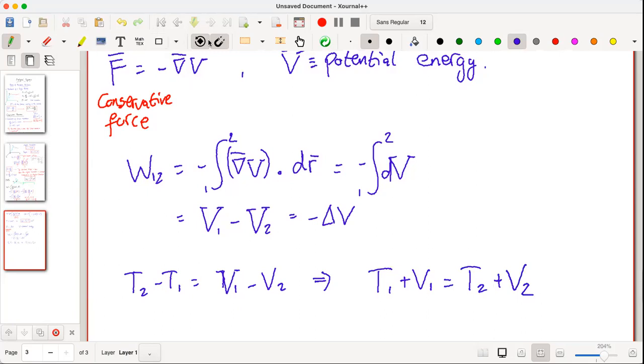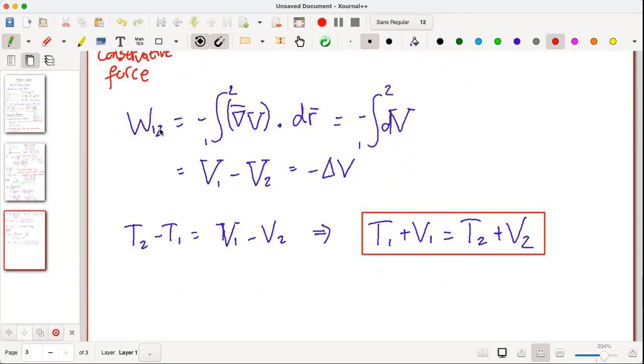So what does that imply? If I'm defining the sum of kinetic and potential energy as the total energy, this means that the total energy is constant. So this leads us to what we call the conservation of energy, right? The conservation of energy is stated as this one.